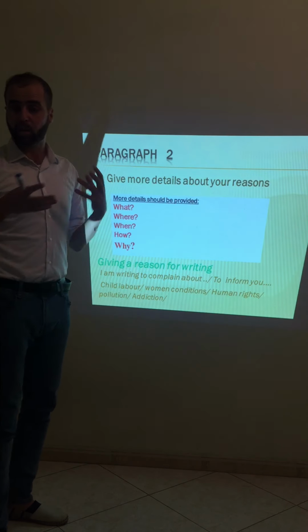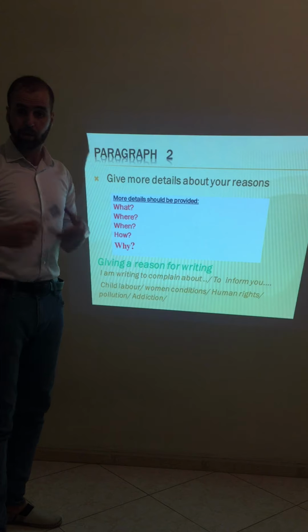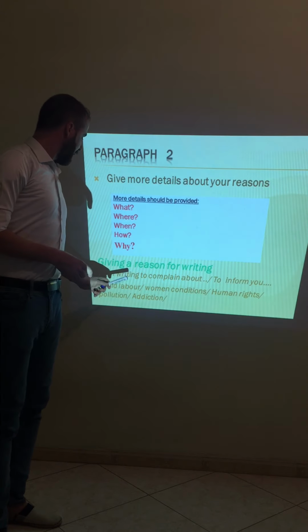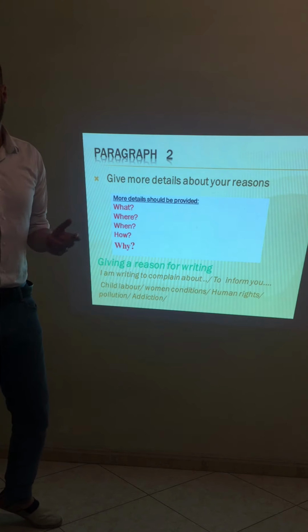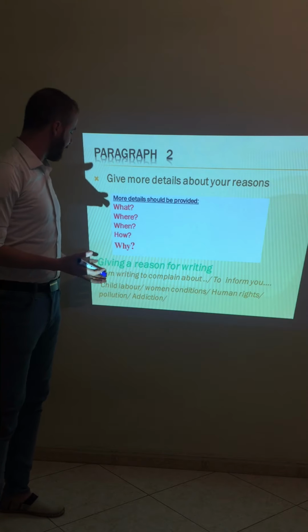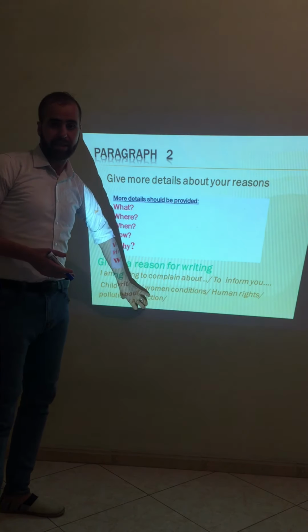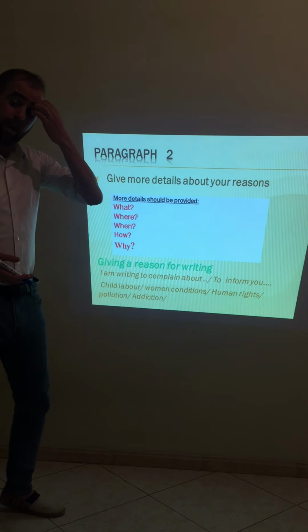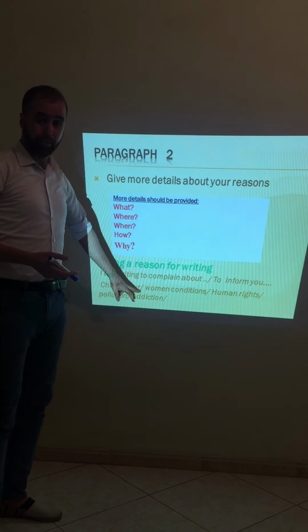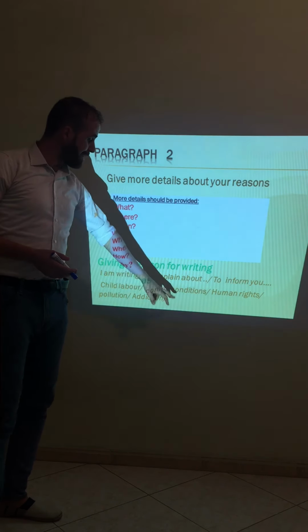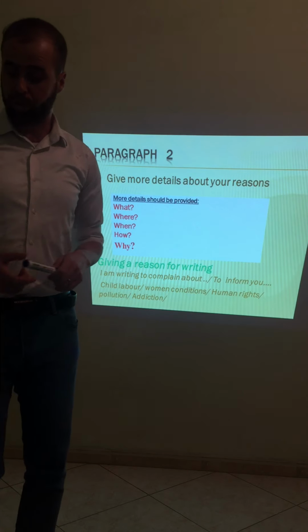And how and why should we talk about these people? More questions are to be answered while you're writing here. Give a reason for your writing: I'm writing to complain about. Some examples of topics you can talk about are child labor, women's conditions, human rights, pollution, and addiction.